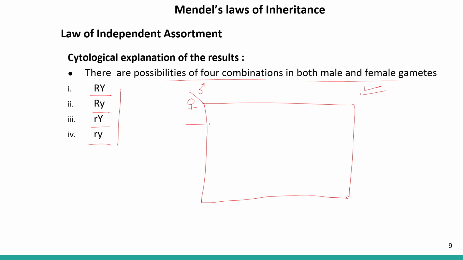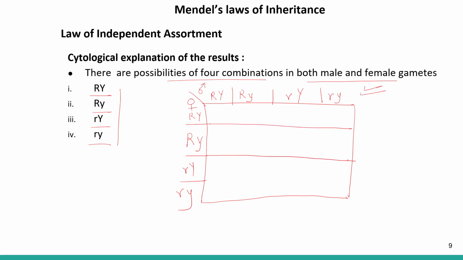They will produce gametes like capital R capital Y, capital R small y, small r capital Y, and small r small y. In the same way here. So we will have these different types of gametes, and they have full freedom to unite with the different types of gametes in this way.